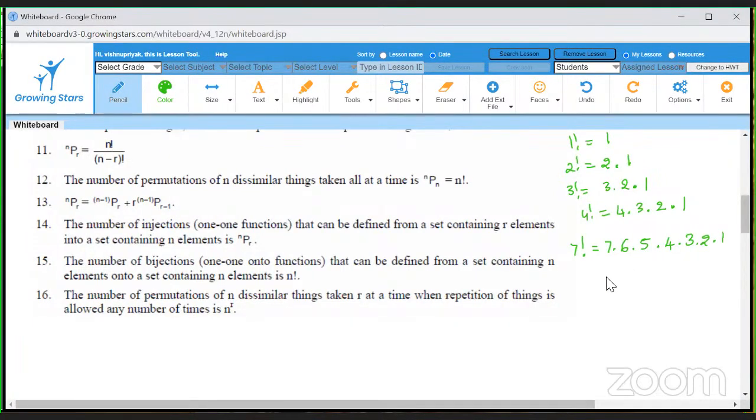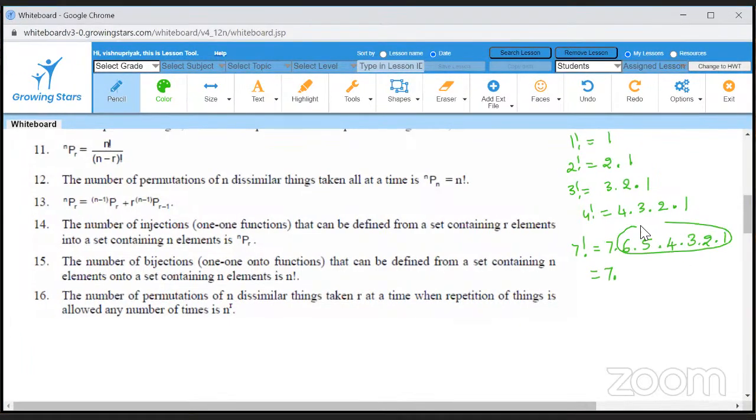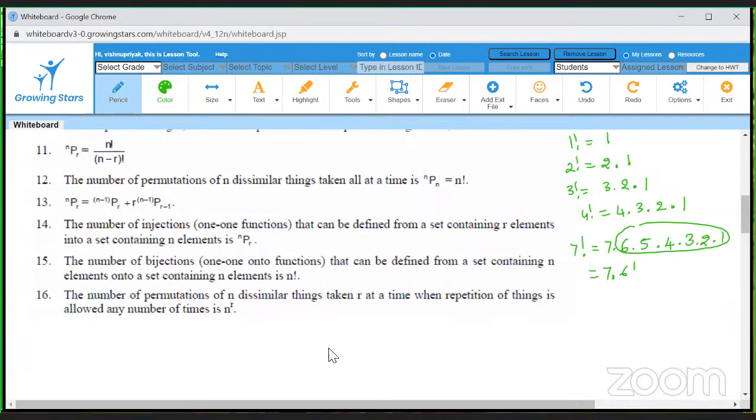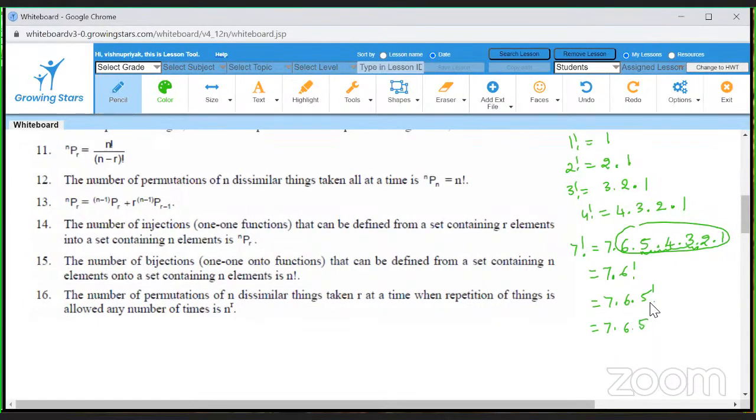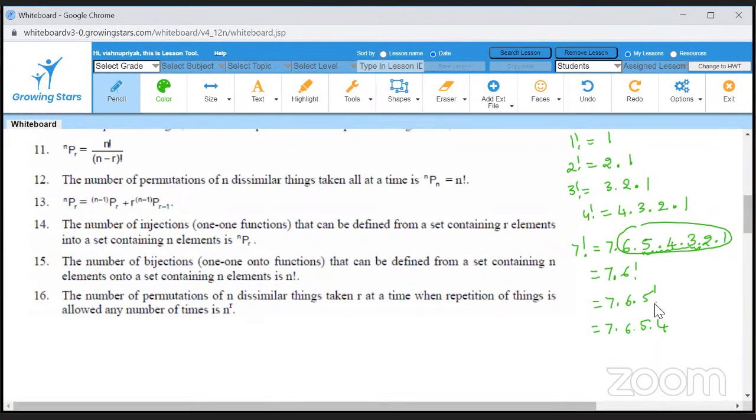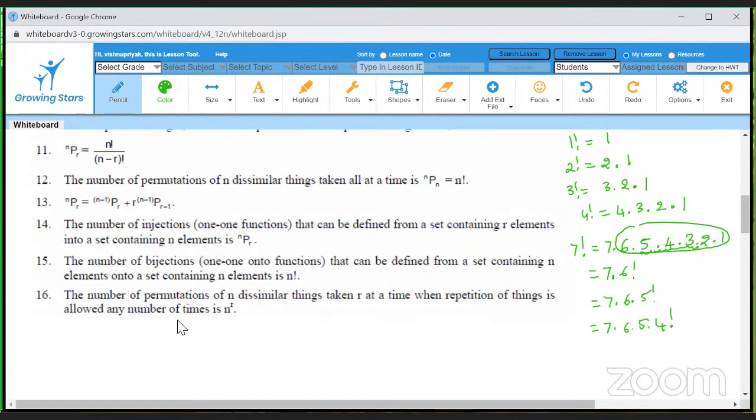Or you can write 7 and all the rest as 6 factorial. Or 7, 6 and the rest as 5 factorial. Wherever you want to stop, you can put factorial and stop.